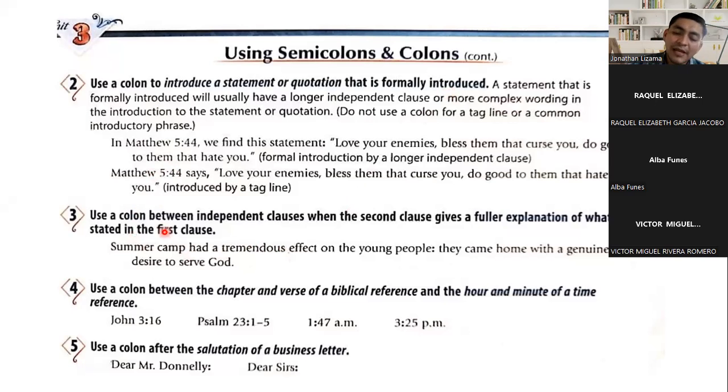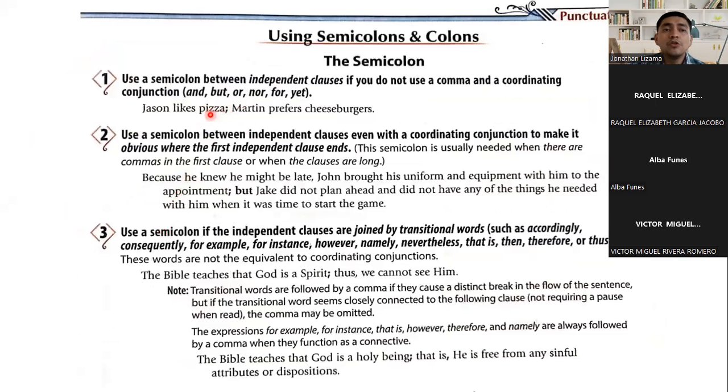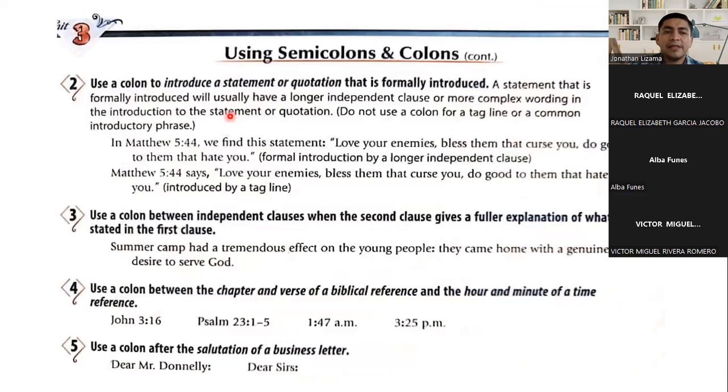Esta regla número 3 es como la regla número 1 del semicolon. Si tengo dos oraciones, dos cláusulas independientes en este caso, y no quiero agregarle conector, ni comas, o un punto y coma, o en este caso, dos puntos, y está bien.